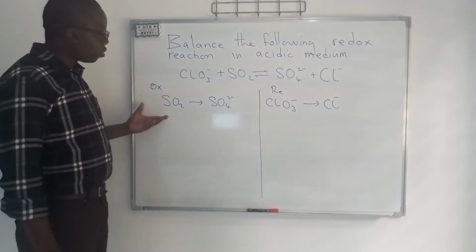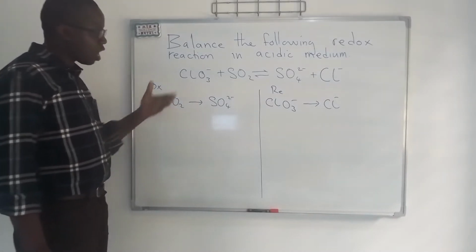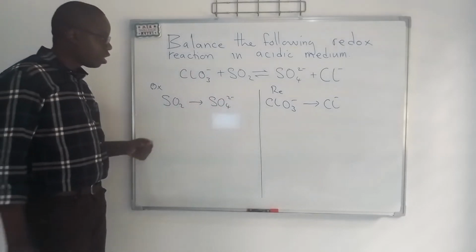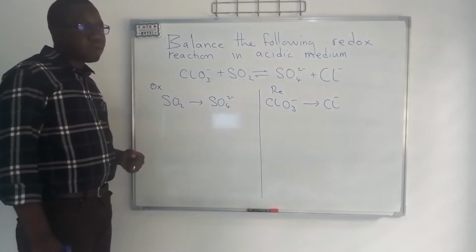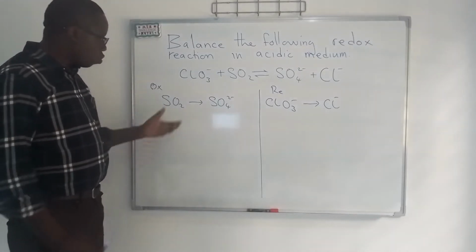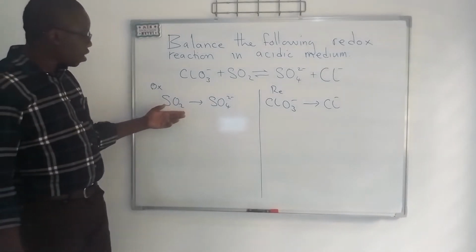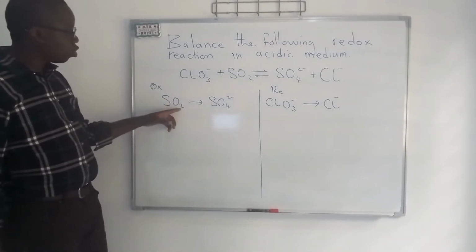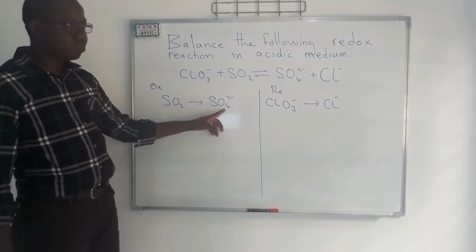After you separate the reactions, the oxidation reaction and the reduction reaction, the next thing is you equalize the number of oxygens. When you look at the oxidation reaction, on the reactant part we have 2 oxygens, while on the product part we have 4 oxygens.